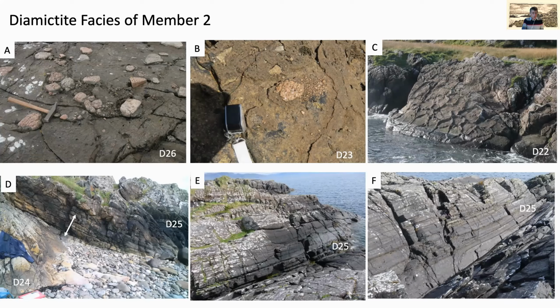At the top surfaces of the diamictites, how do they transition upwards into the interdiamictite units? Well, sometimes we find these pebble lags, such as A, so there's some reworking going on.